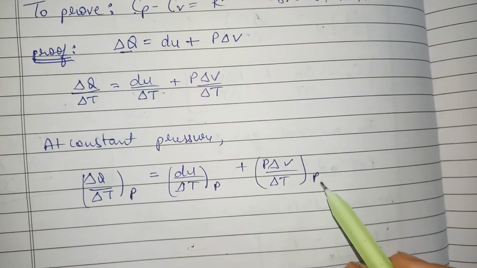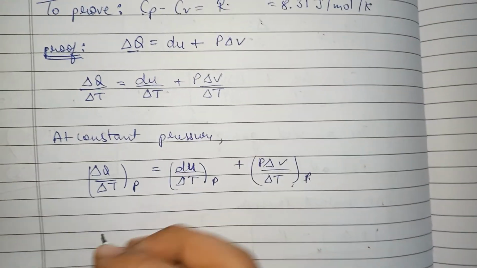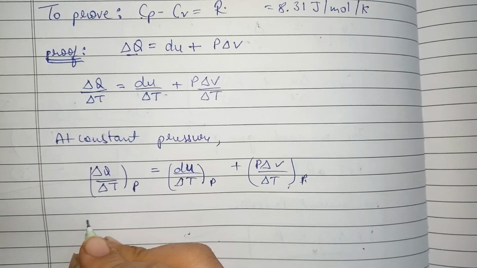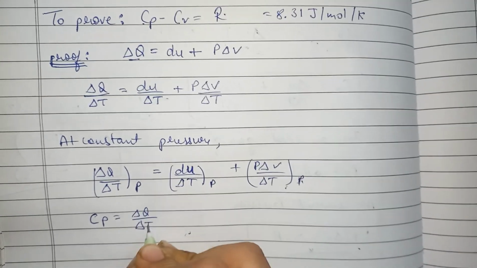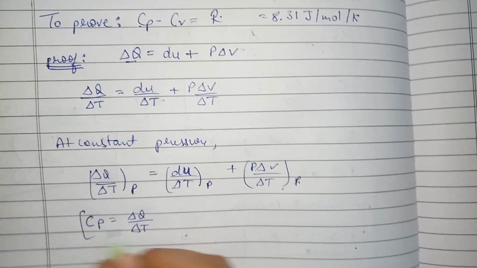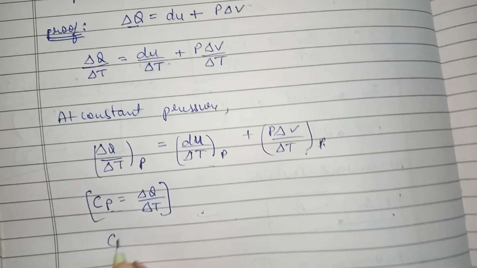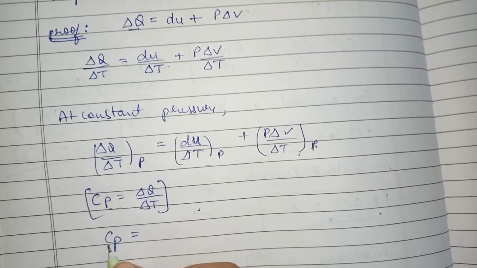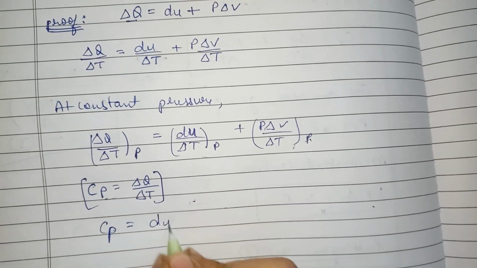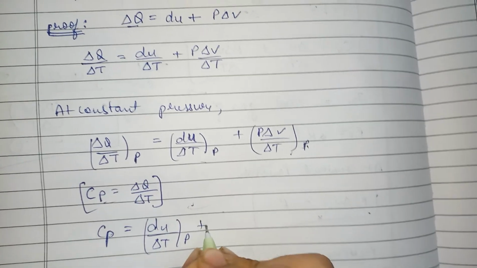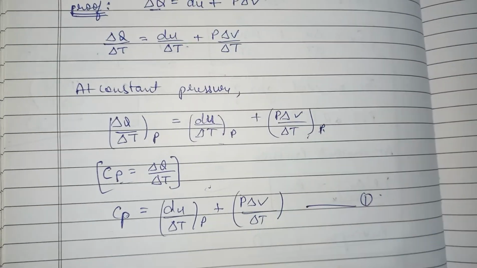Now here we know that the pressure is constant, and we know that the specific heat Cp is equal to delta Q upon delta T. So we will replace this value in this equation, and we will have Cp, which is the specific heat at constant pressure, is equal to dU upon delta T plus P delta V upon delta T. Now let this be equation 1.